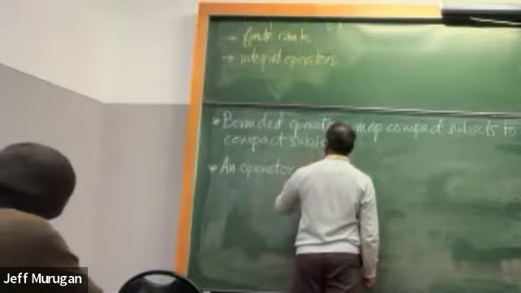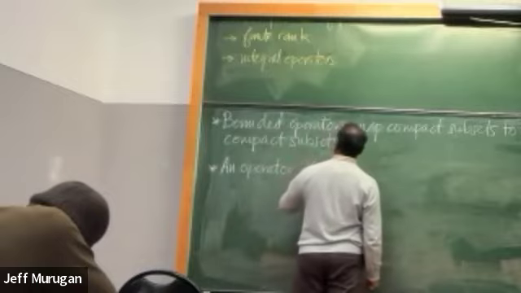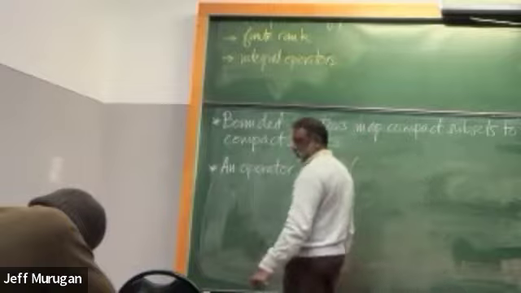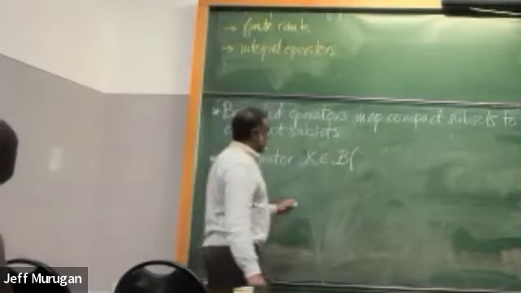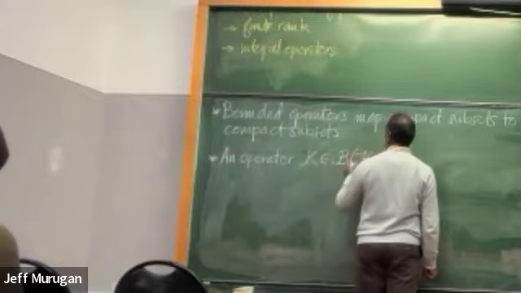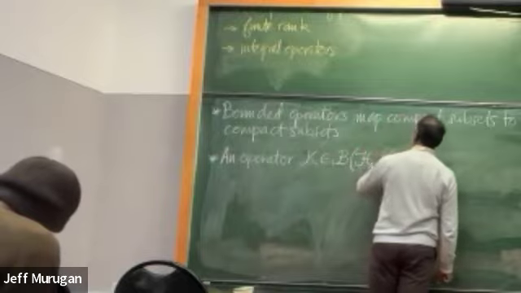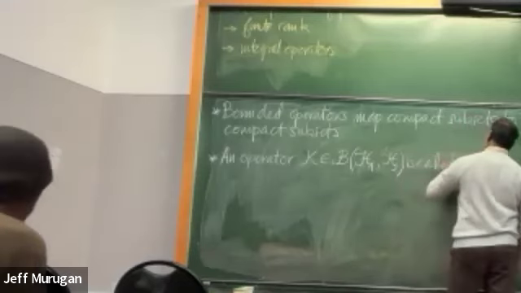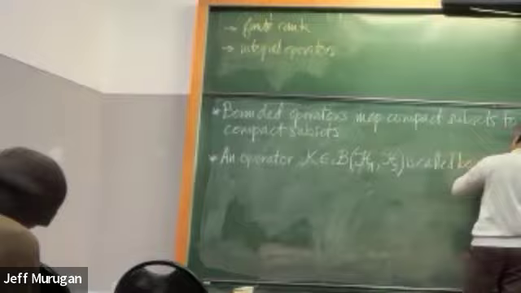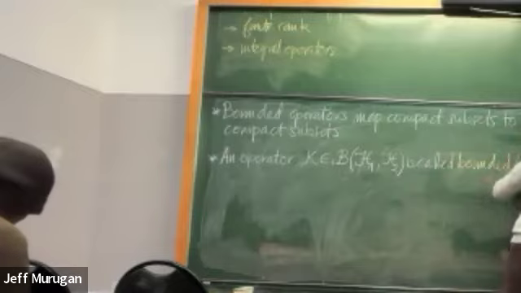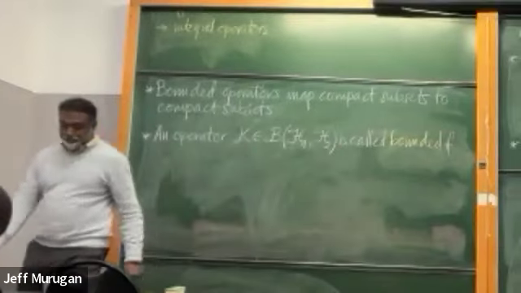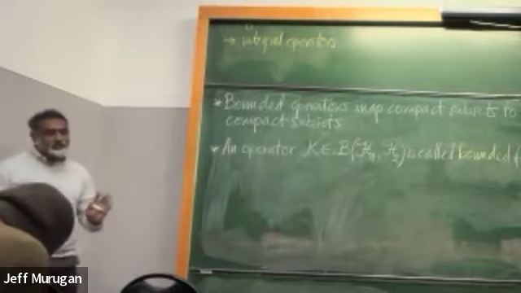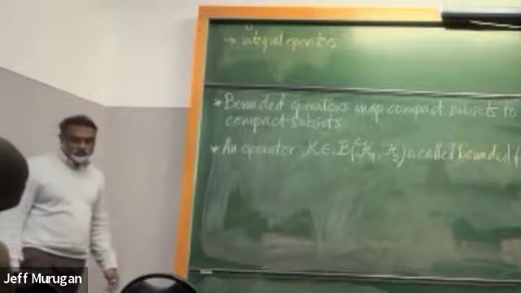An operator K from H1 to H2 is called compact if it maps a bounded subset of H1 into a subset of H2 that has a compact closure.